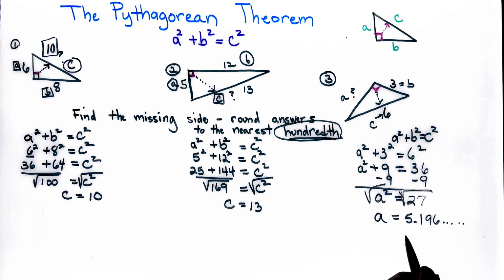When they say round to the nearest hundredth, here's our hundredth, so we have to look at the thousandths place. Since there's a 6 there, we have to go up 1 from 9, which would make A equal to 5.20. We have gone up our hundredth, and this is our answer for the missing side of number 3.